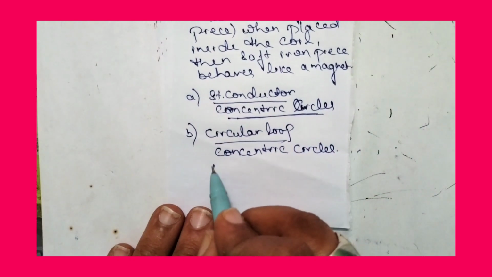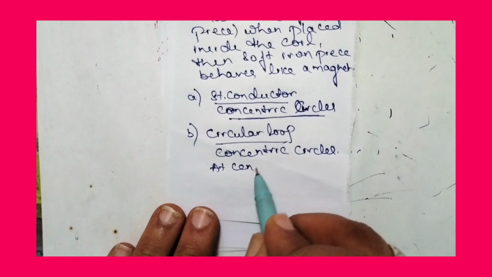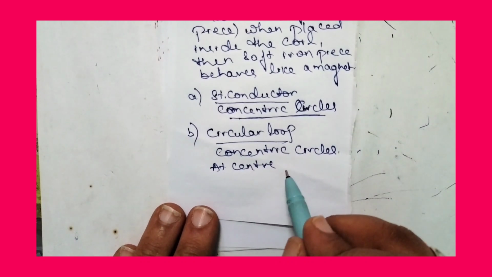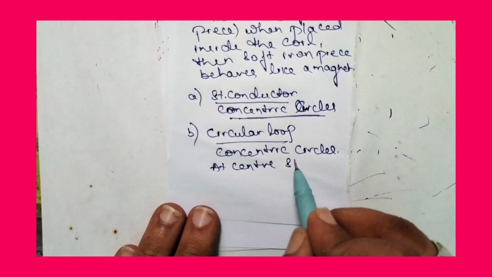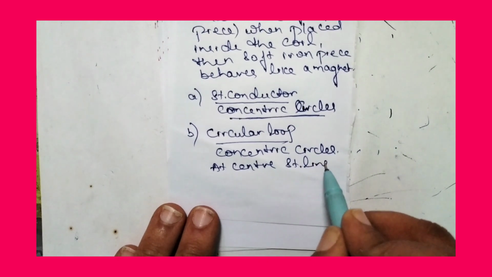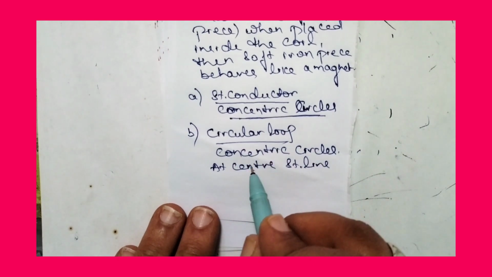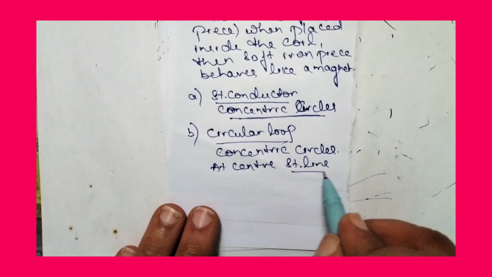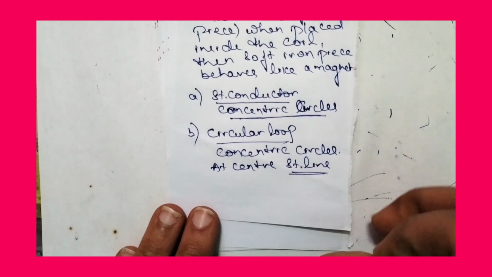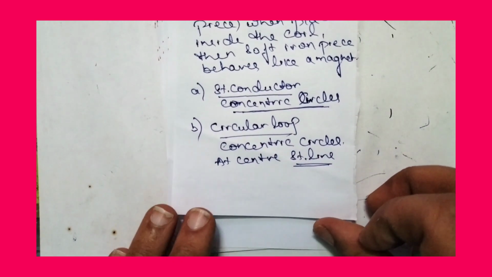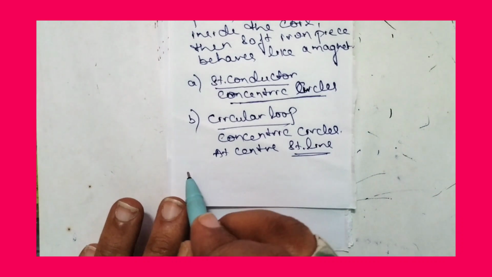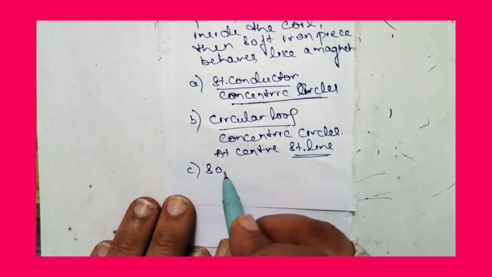But at the center, the magnetic field lines will be a straight line. Except at the center, everywhere else they are concentric circles. At the center of a circular loop, the magnetic field line pattern will be in the shape of a straight line. Now let's come to the third one, solenoid.